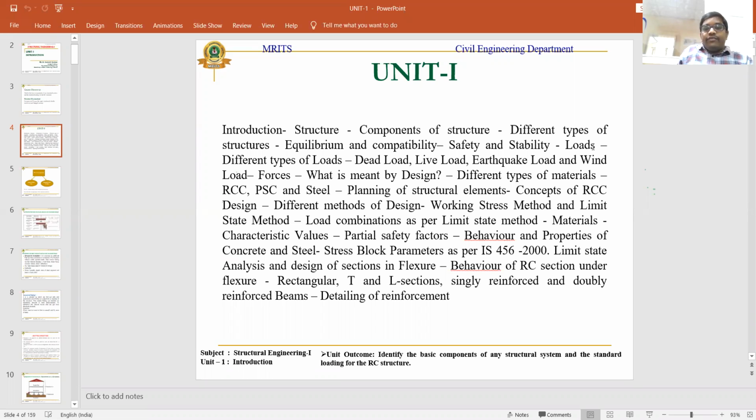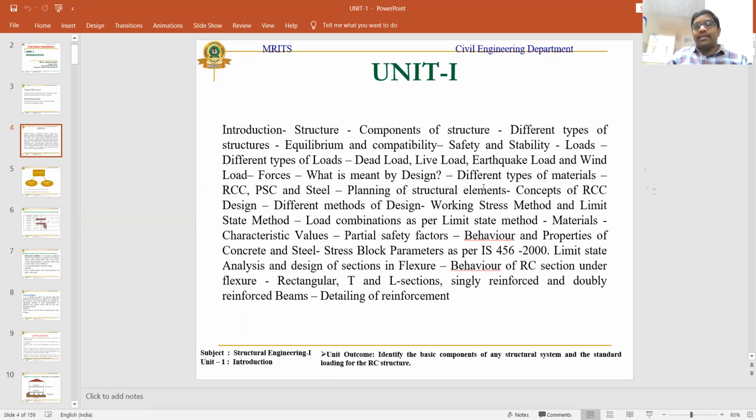And the different types of loads that we are going to use for designing this RCC structure, I have already explained. Basically, for designing any residential or commercial buildings, we are going to use the code book IS 456 2000, the guidelines to be followed for designing RCC structures.